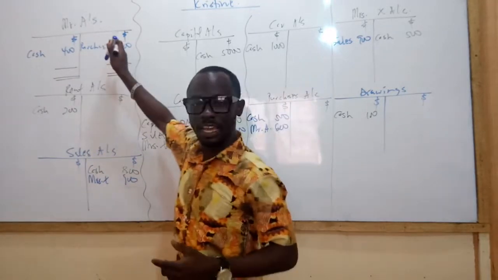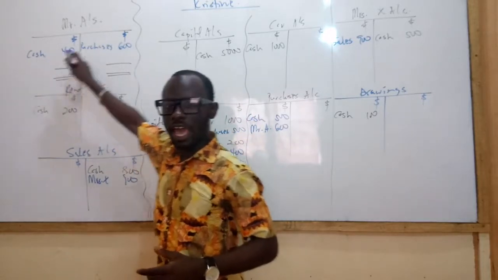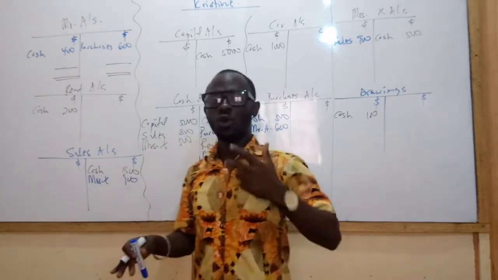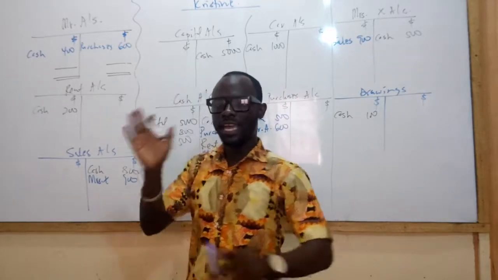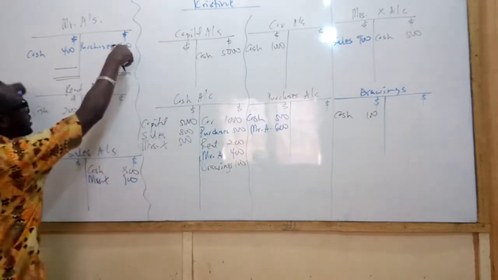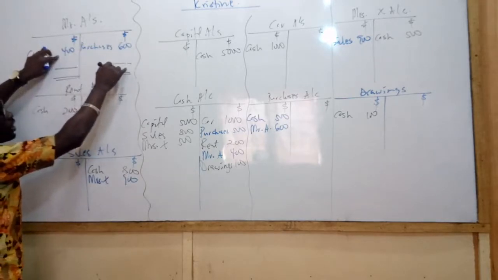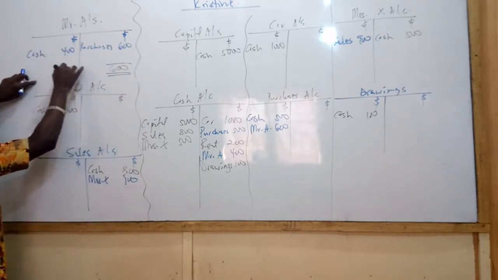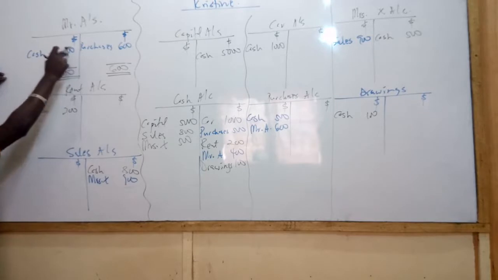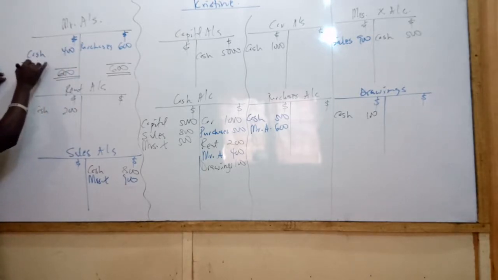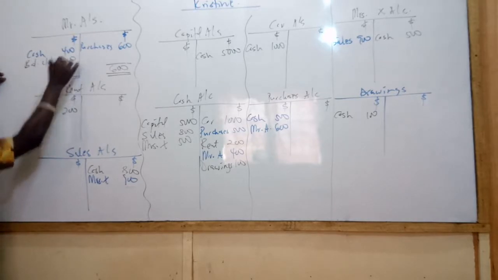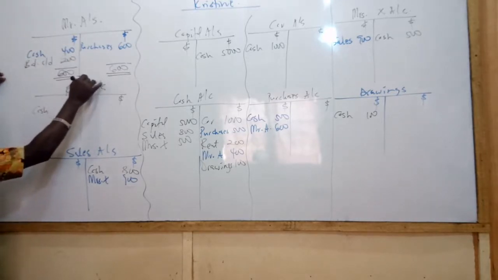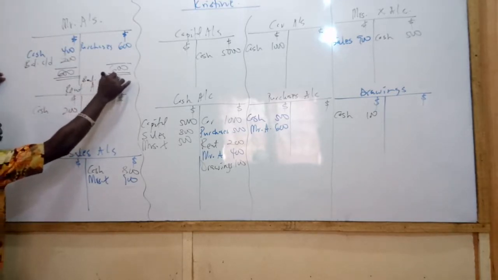The side that is bigger becomes the basis. So if you check, this is 600, this is 400. So the 600 becomes the basis. Then this one is short, so we're going to bring balance carried down there, and the difference is 200, and that one comes here as balance brought down, 200.